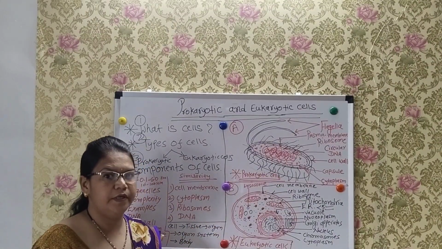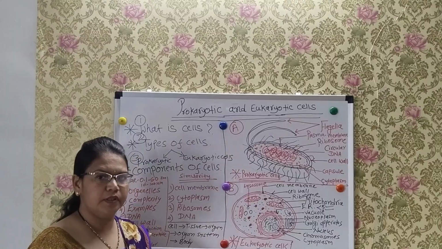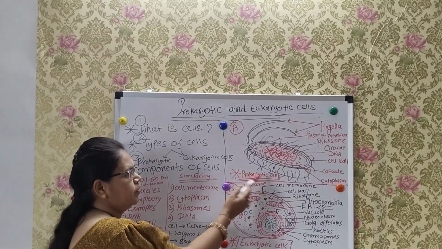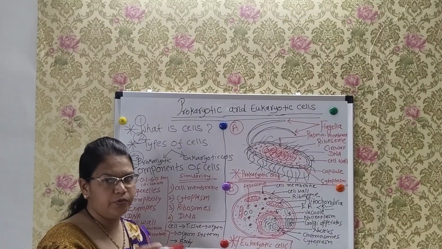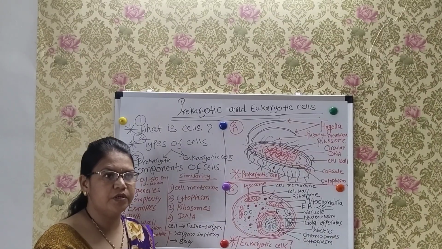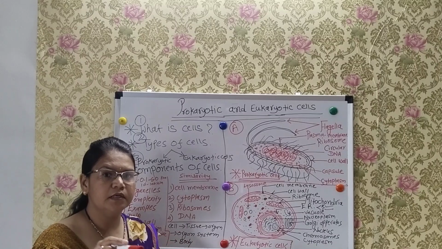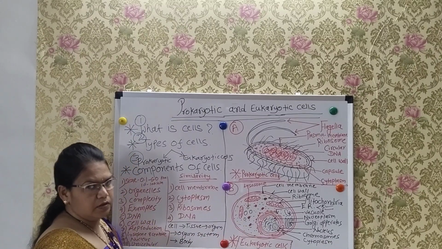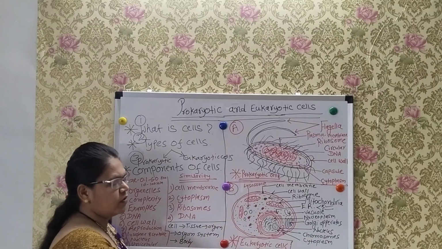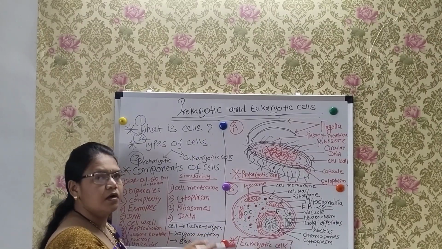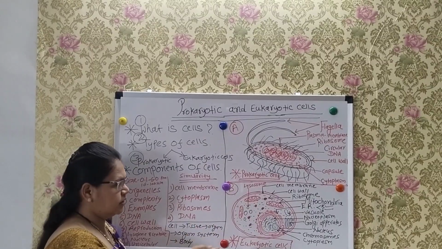Ribosomes are also found in both, but in prokaryotic cells, 70S ribosomes with two subunits, 50S and 30S, and in eukaryotic cells, 80S ribosomes with subunits 60S plus 40S.